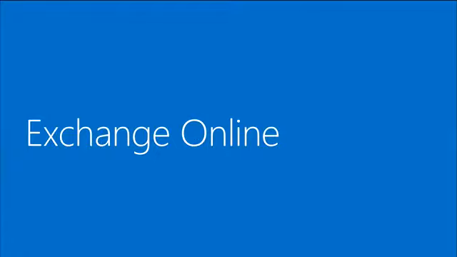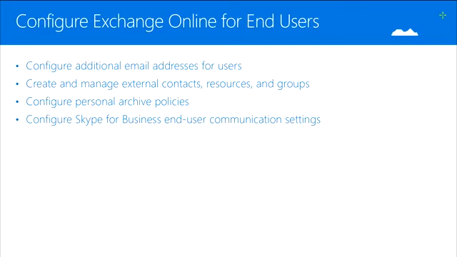Okay, so in that last section we spoke about SharePoint, and I tried to give you a look at different perspectives. We talked about the end user, we talked about the site admin, and we talked about the tenant. Finally, in this last section I want to talk about Exchange Online. So let's take a look here. In this section, we're going to talk about, obviously, things like configuring Microsoft Exchange, creating contacts, resources, groups.